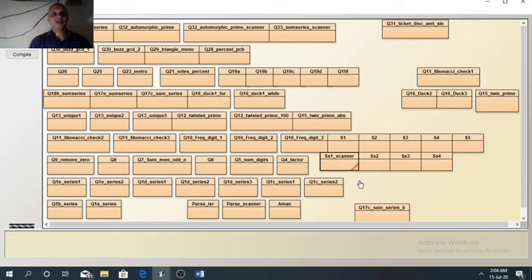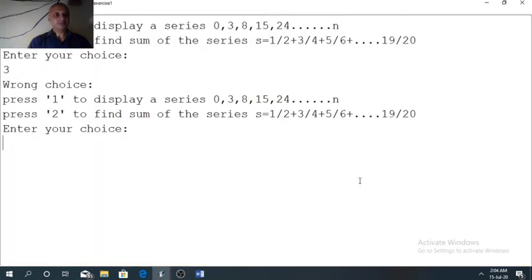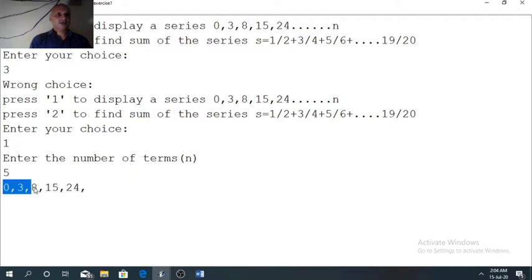Now when we enter choice number 1, then it will print first series. First it will ask number of terms. Suppose 5 is entered, we need to print 5 terms. So first 5 terms of the series are printed. So we have got the result.